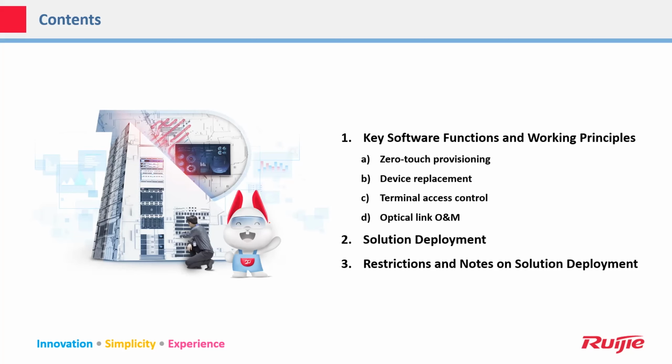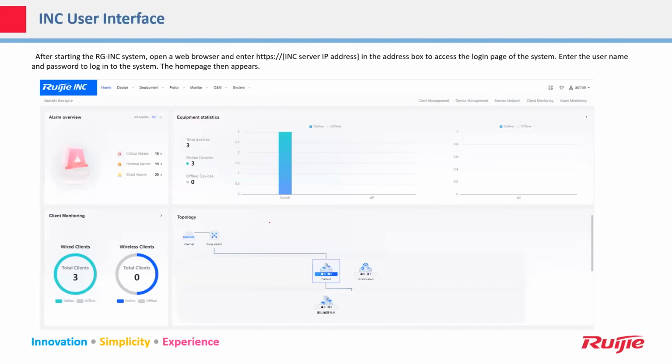Okay, and next, let's see some operations on the INC. Let's quickly go through it. This is the home page of the INC. On this page, you can see the alarms, and the status of the equipment, for example the switches, APs, and ACs.